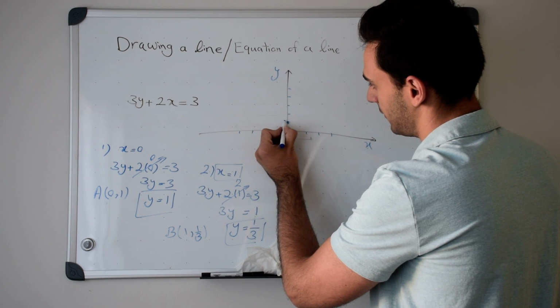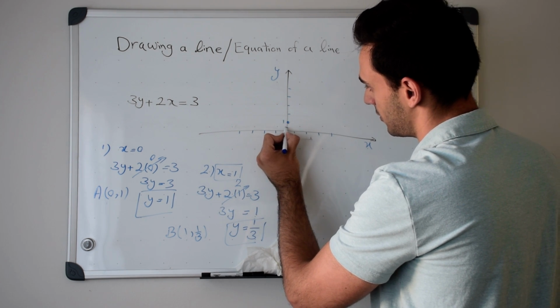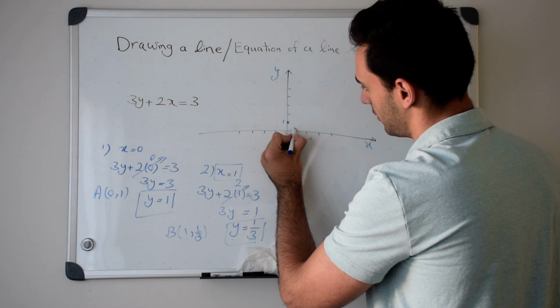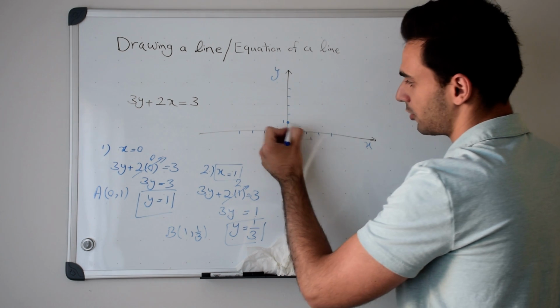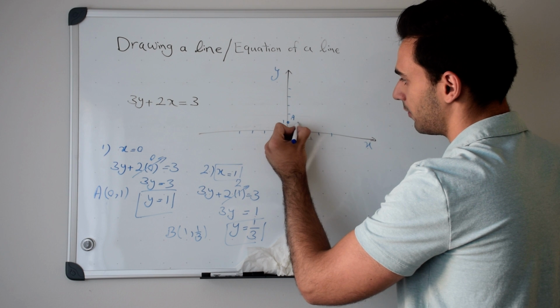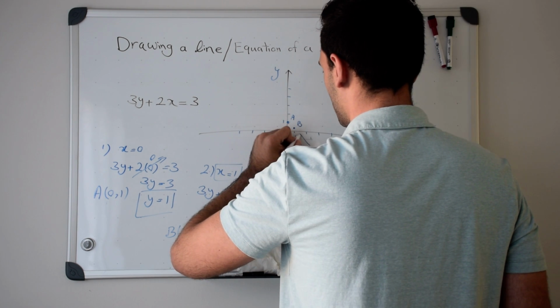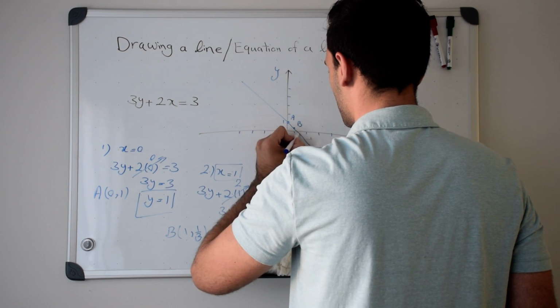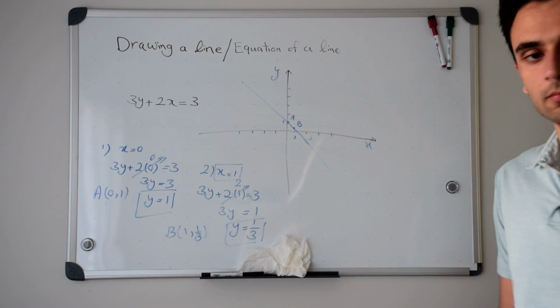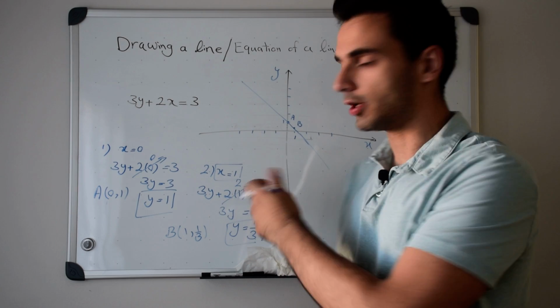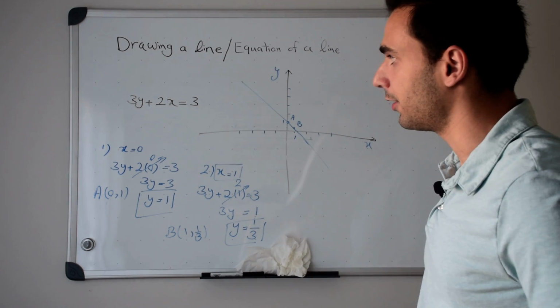So if this is 1, 1 over 3 is going to be here. So I have 2 points, A and B. And there we go, this is our line. When you have 2 points, you can determine your line.